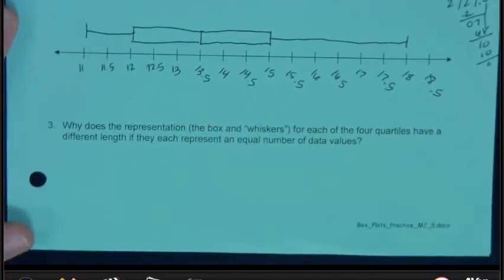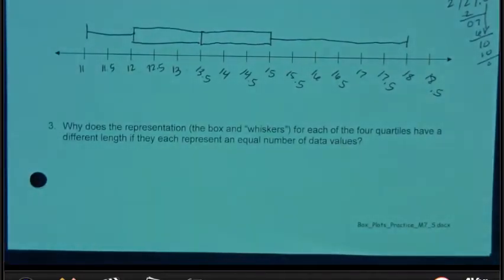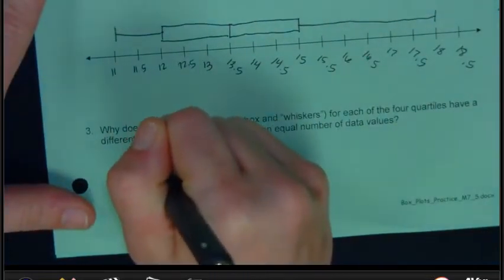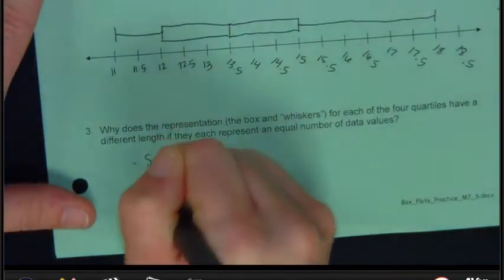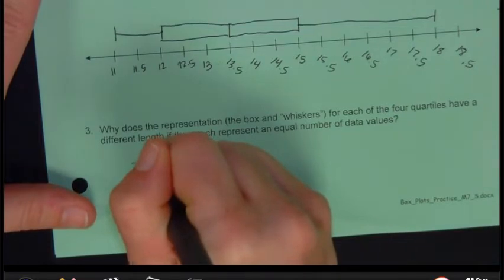Okay. All right, so why does the representation, the box and whiskers, for each of the 4 quartiles have different lengths if they each represent an equal number of data values? Okay, most of the time it could just be your spacing. Another reason could be an outlier.